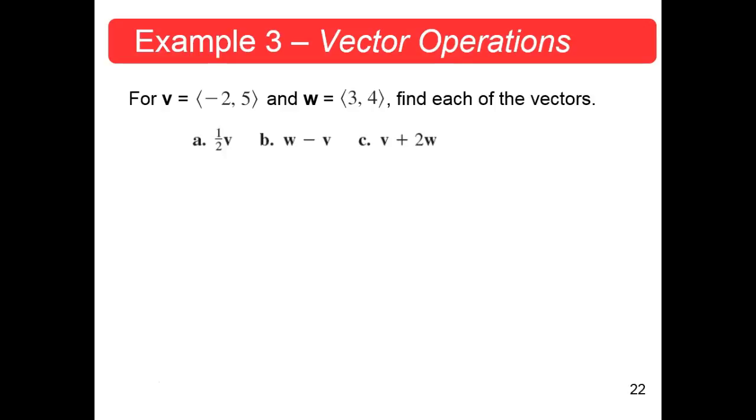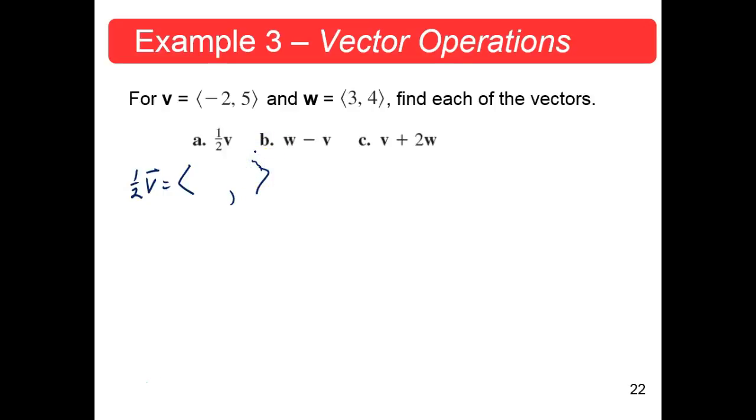Here V is negative 2, 5, and W is 3, 4. Find each of these vectors. What is 1/2 V? I drew it as if we're going to write it in component form. I think that's the easiest to do.